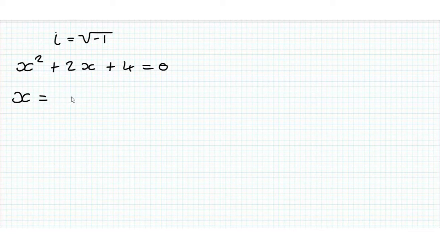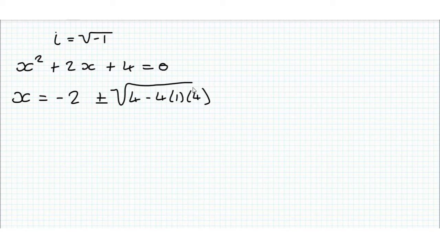So x is equal to minus b, so that's -2, plus or minus the square root of b squared, so 4, minus 4 times a times c, and this is all divided by 2 times a, which is 2.